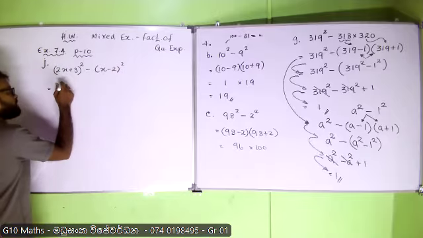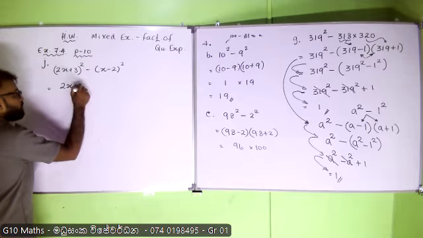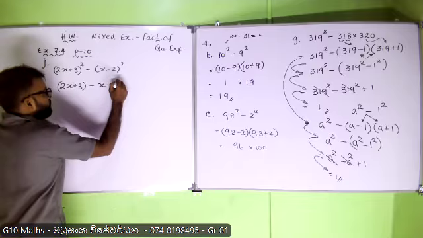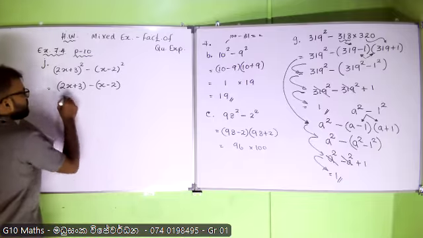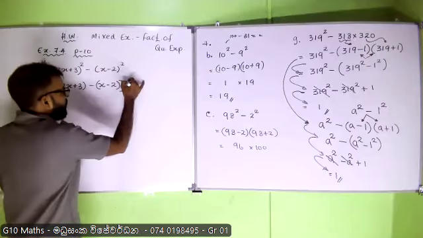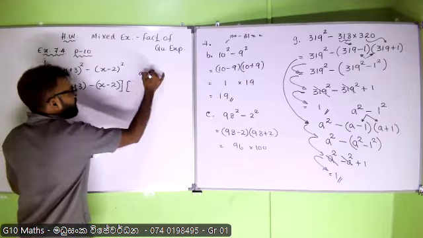I told you guys this last week as well. So I am going to expand: 2x plus 3 minus x minus 2. This is the first expansion, a minus b. So now I am going to do the a plus b expansion.